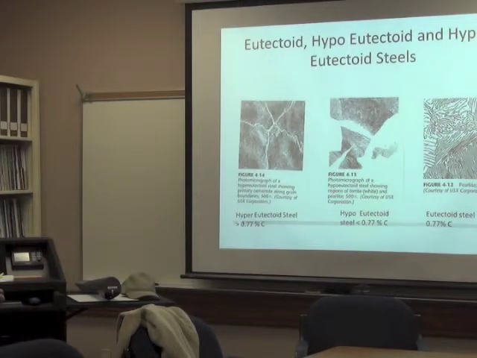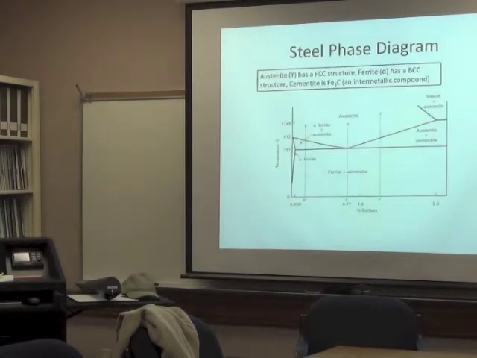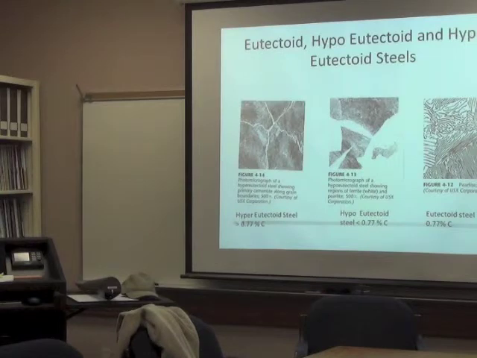You're gonna get pearlite, just like that, and then the white regions are the ferrite, because if you took a hypoeutectoid steel, you start out with austenite, you cool it down, you're going to get first ferrite and austenite, and then if you cool it down more, you're going to get a lot of pearlite, but you're also going to get a lot of ferrite in there. That's why you have that mixture. So, that's kind of an important point right there.